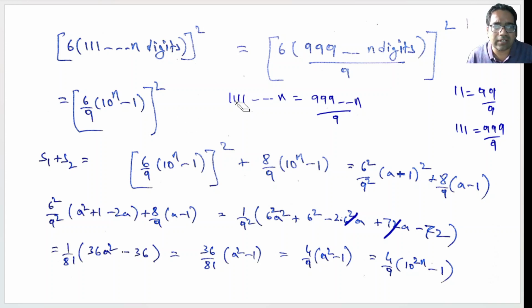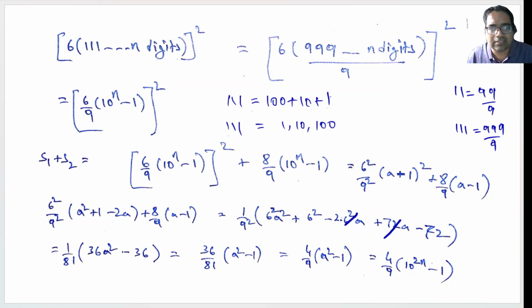There is another way of looking at the same problem, which is what is 111? 111 is 100 plus 10 plus 1. That is 1 plus 10 plus 100, which is actually triple one. So this is a geometric progression. Ratio is 10 and a is 1, and n equals 3.